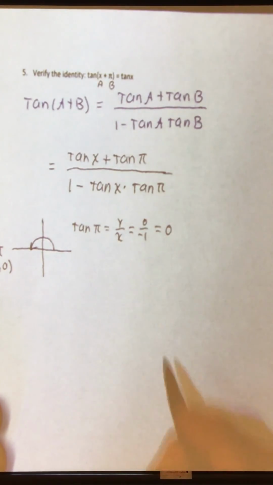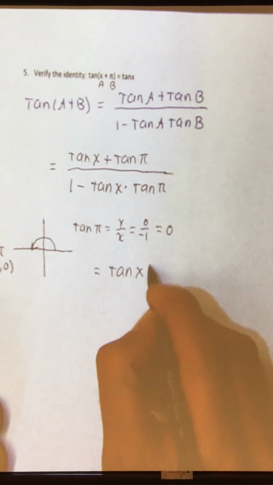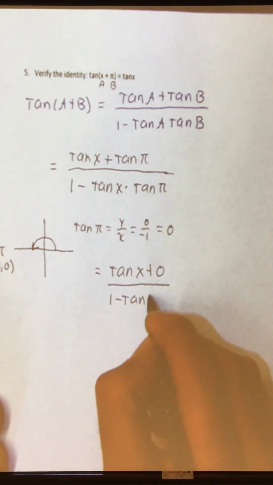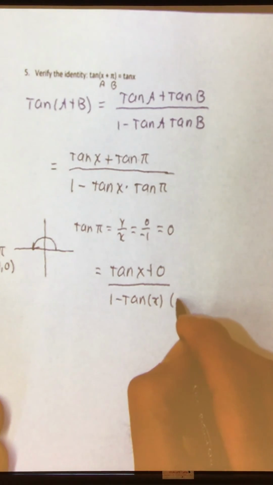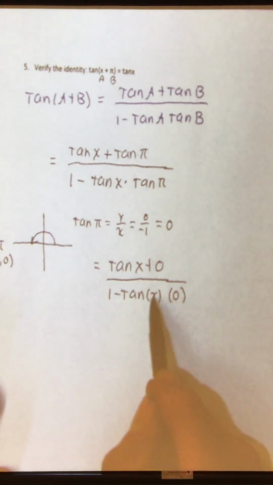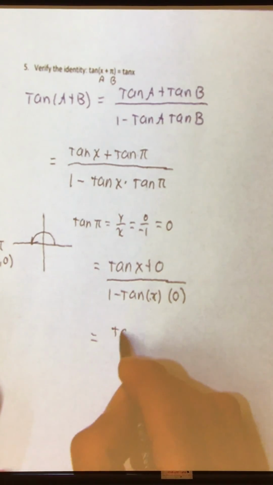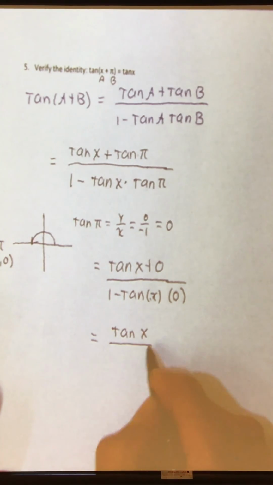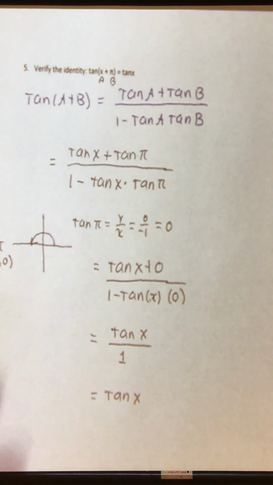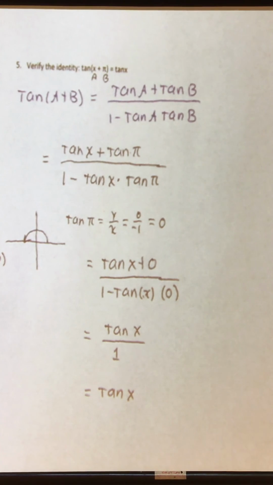So let's substitute that in here and here, giving us tangent x plus 0 divided by 1 minus tangent of x times the value of tangent pi, which is 0. So multiplication by 0 here wipes out the tangent of x. And what's left? Just tangent x in the numerator and a 1 in the bottom. And there is our result that we were asked to prove. And that's the end of section 6.2 exercises.